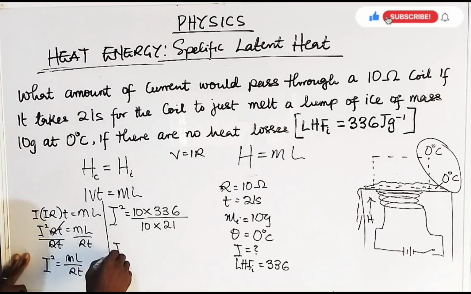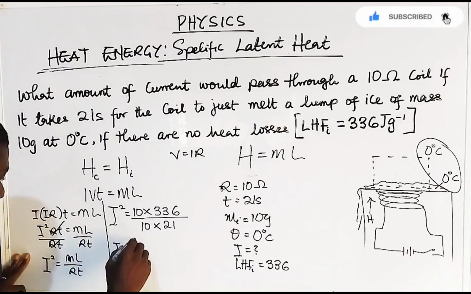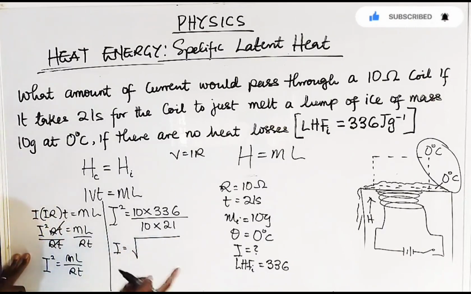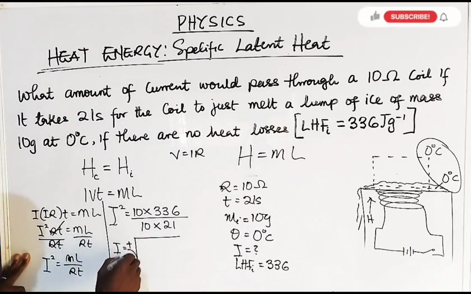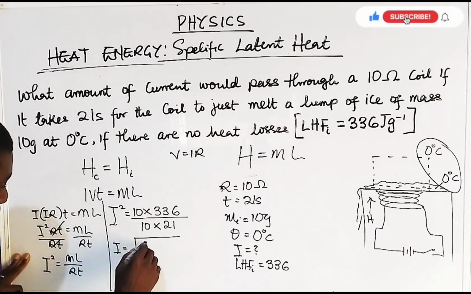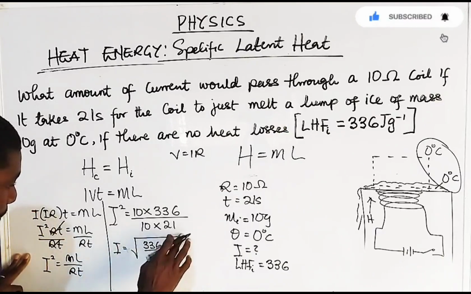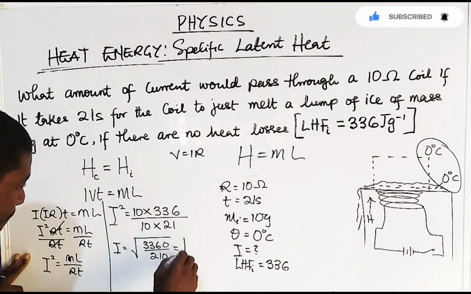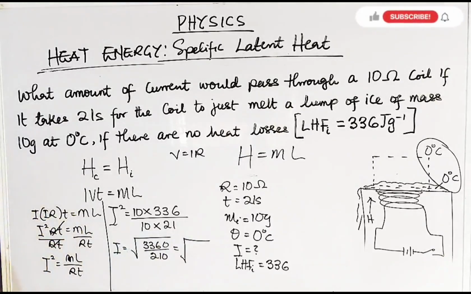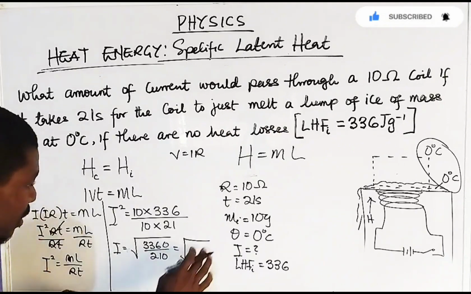Okay, so here we have the square root. We actually ignore the negative; we are meant to have plus or minus here, but we just ignore the negative. So here we have 3360 all over 210. 3360 divided by 210 gives us 16.